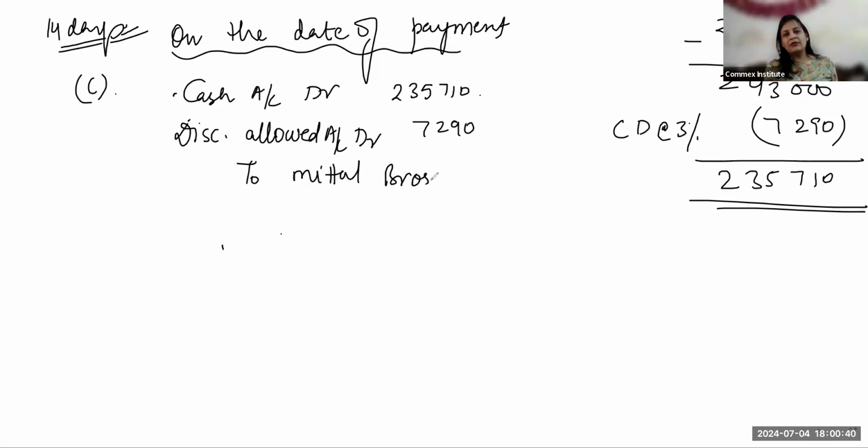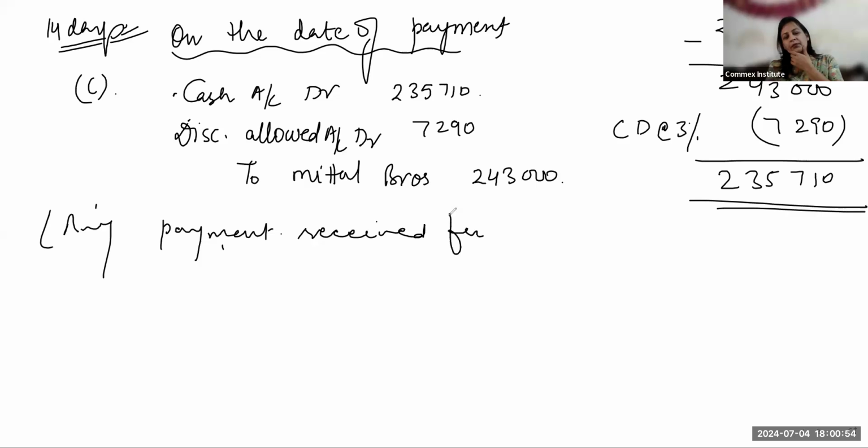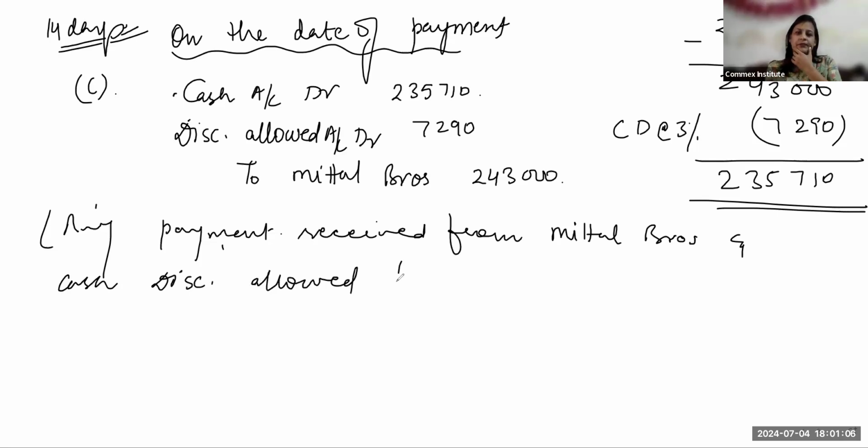Now we are going to give them the final credit of 2,43,000. The payment received from Mittal Brothers and cash discount allowed to them. Okay. You can make the narration shorter. No need to write stories.